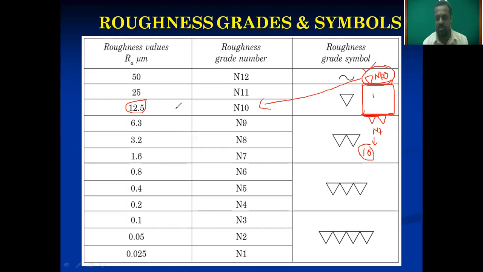Please, in 5 minutes I will try to draw the whole chart. Just remember, first is 50, then 12, and this way, and again here 2 triangles, then 3 triangles. Just 1 minute.